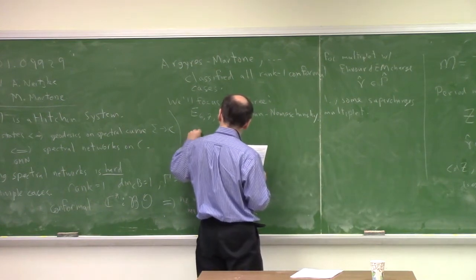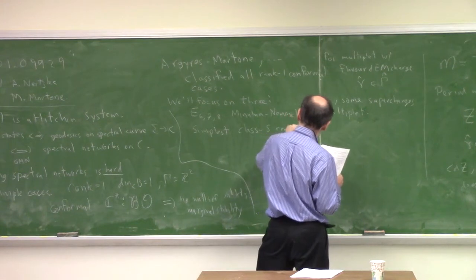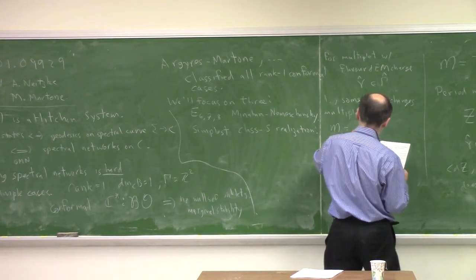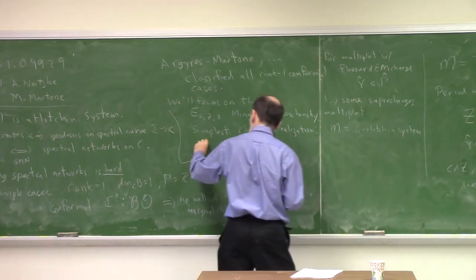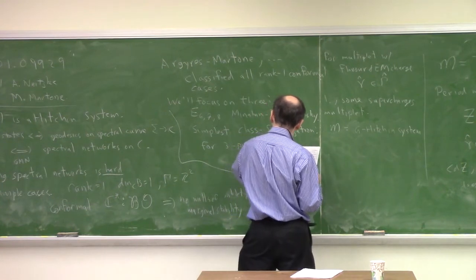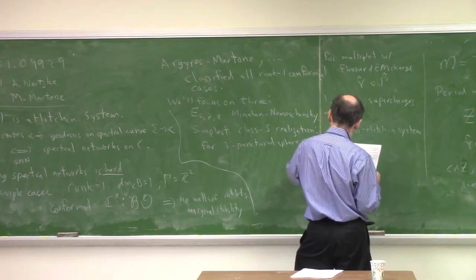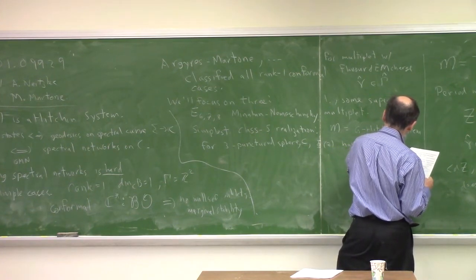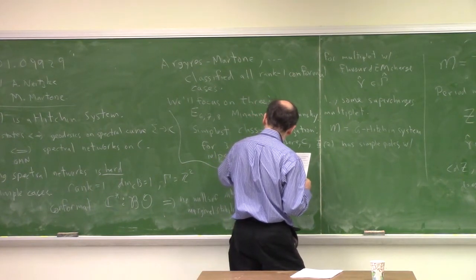So M is a Hitchin system for group G, I'll say what G is in a second, on the three-punctured sphere, call that C, where phi, the Higgs field, is allowed to have simple poles with nilpotent residues, at the punctures.